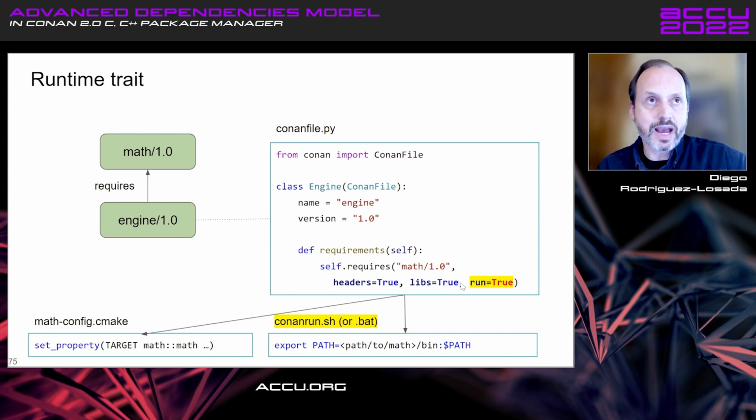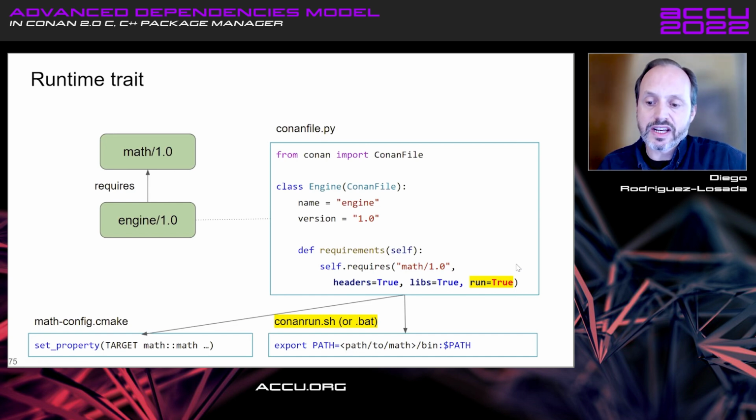You actually need the math package to be installed in your machine at runtime to get those files from the package. That information can be provided with the run trait. And this is just another trait that doesn't affect the build at all. So the math config.cmake is not affected by run. It's still driven by the headers and libs traits.